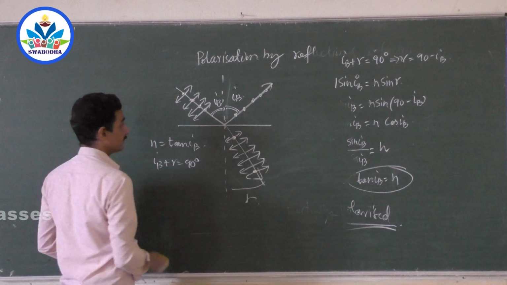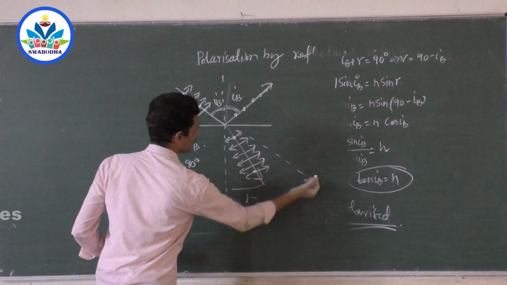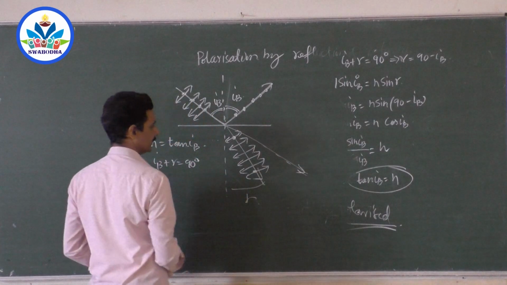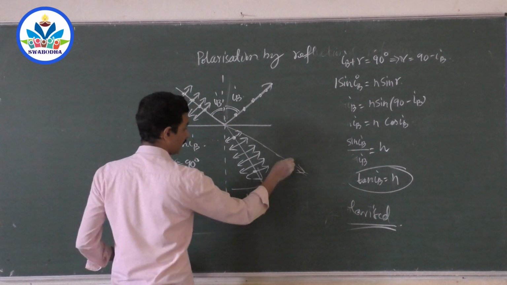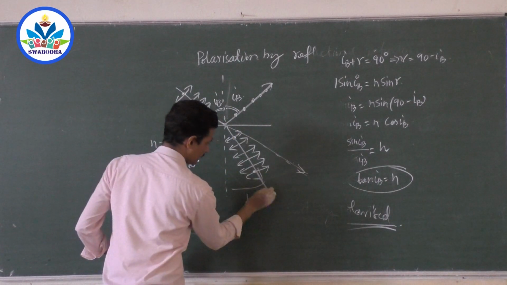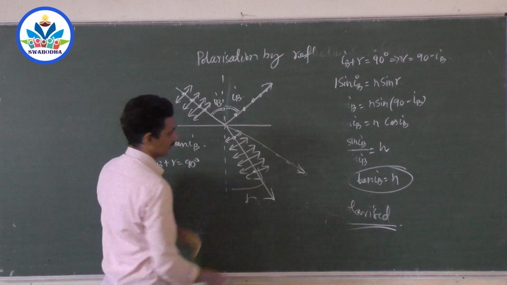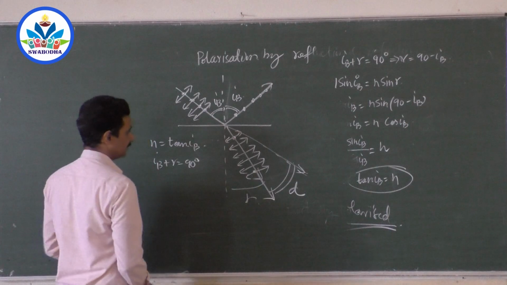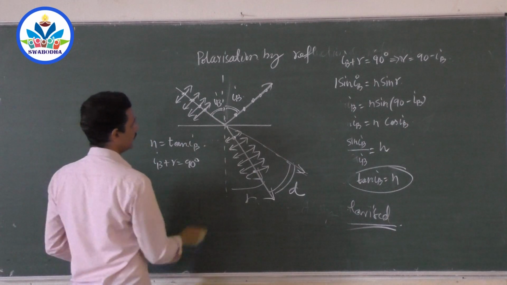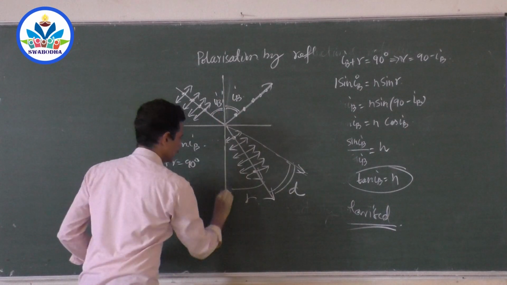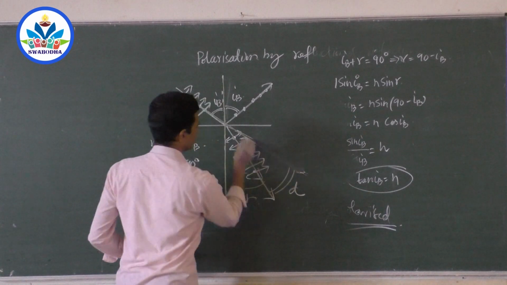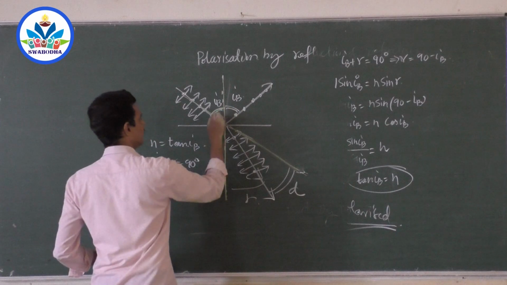And another one is, if this is the original direction of the ray, if the medium was not present, the ray would have moved like this, right? The deviation of the ray from the original direction, because of the presence of medium, it has bent. This is called deviation. So how can you write the equation for deviation? See, this is a straight line, the original direction. This is IB.